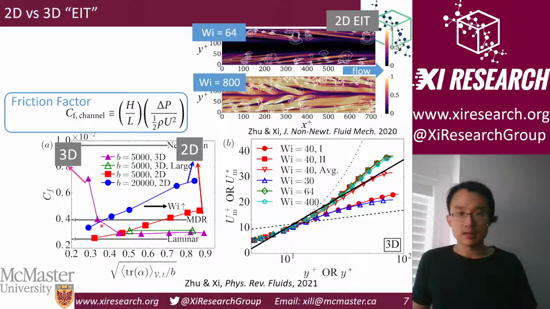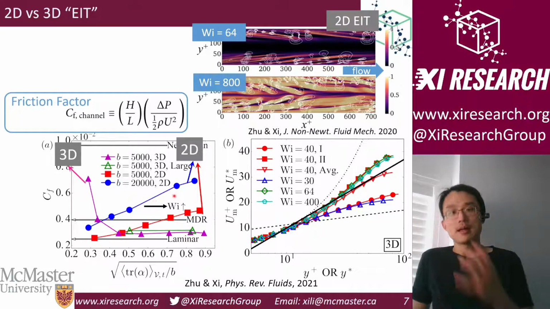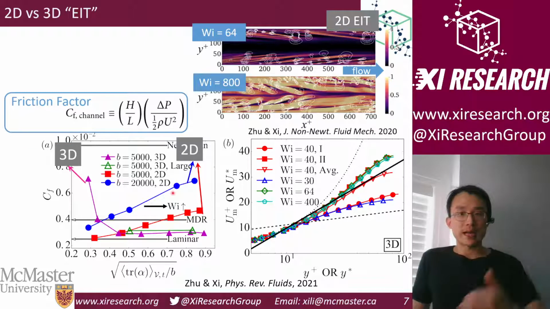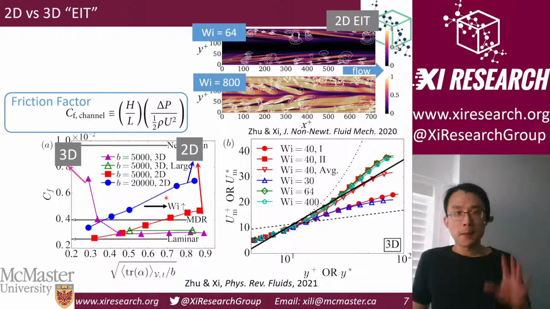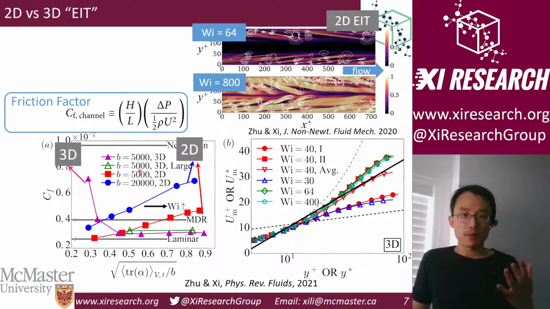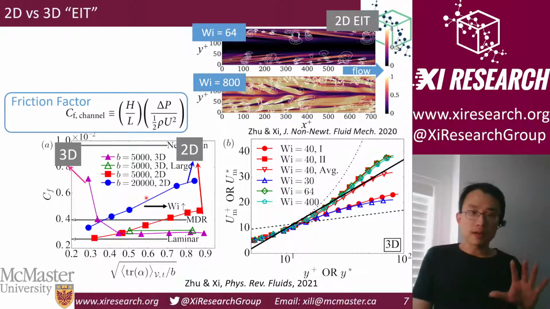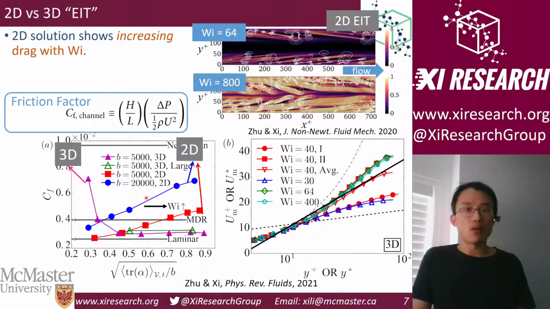Clearly it is dependent on Weissenberg number, and it is even increasing with Weissenberg number. That means that you are not getting drag reduction, you are getting drag increase or drag enhancement. Also, for other polymer-related parameters, the 2D EIT is clearly sensitive as well. So we may now conclude that there's no way that the MDR state is this simple 2D EIT state.